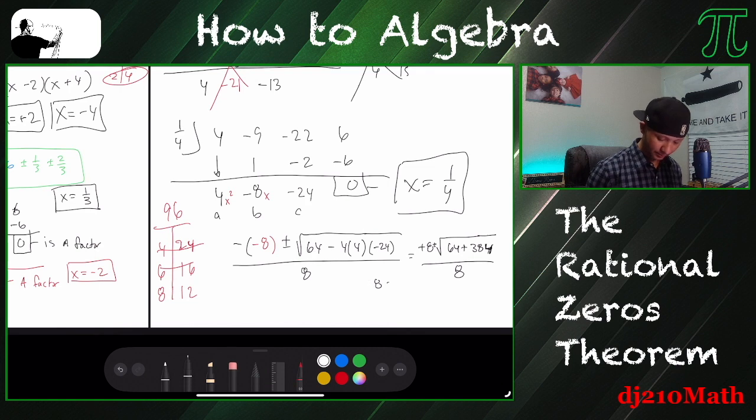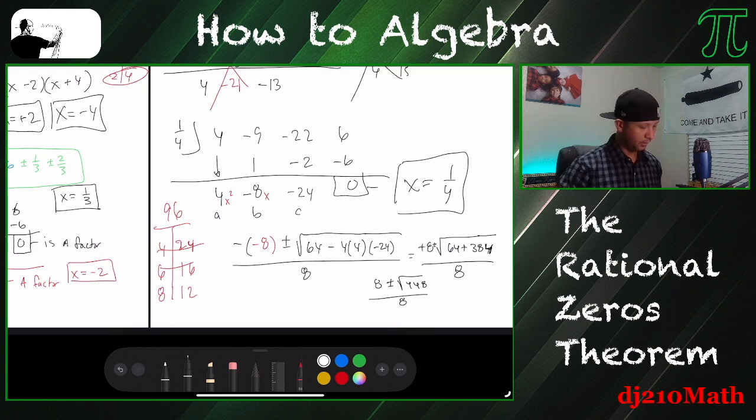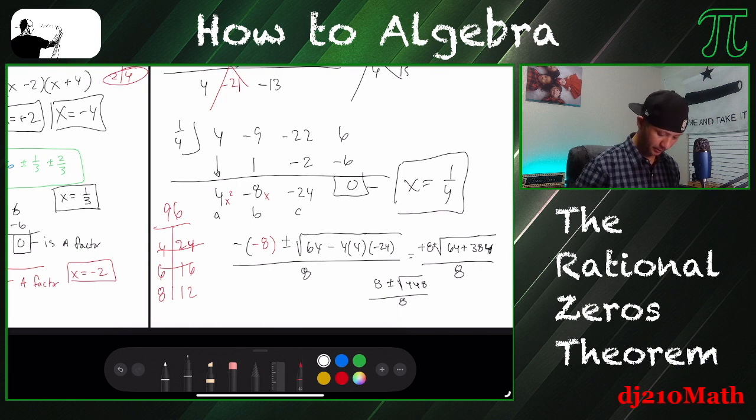So just 8 plus or minus root 448 over 8. Is 448 a perfect root? That's the question. Okay, so 448 is not a perfect square. However, 448 can be factored. 8 plus or minus 8 root 7 over 8.